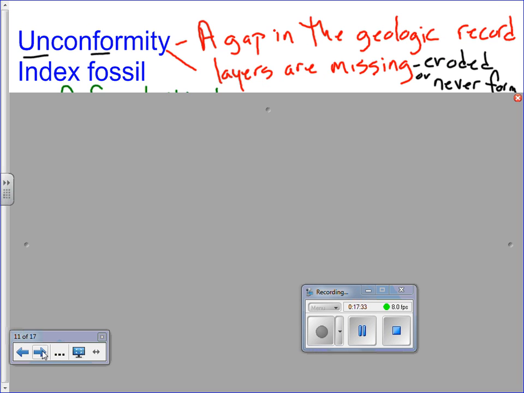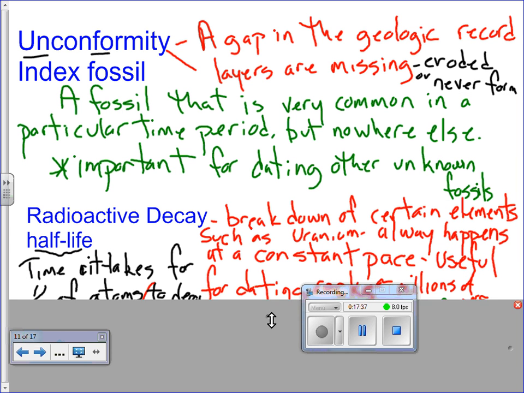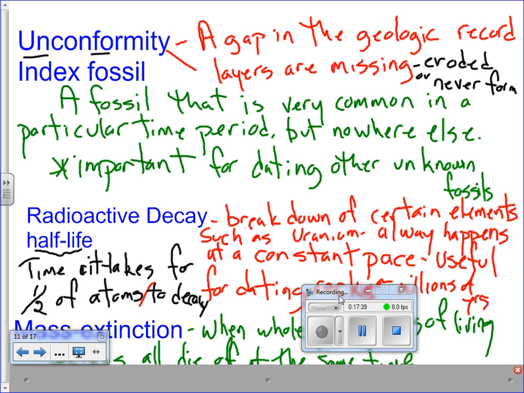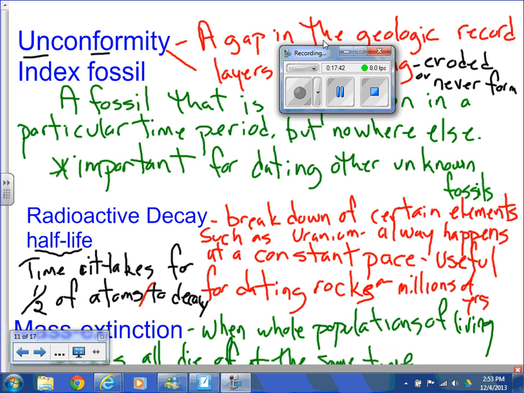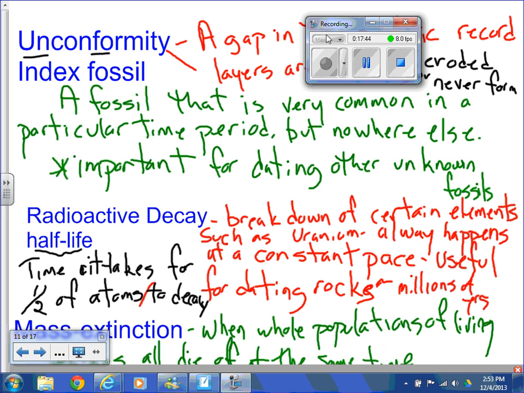And then finally, we did unconformity. An index fossil, and index fossils are very interesting because it's a fossil that's very common in a particular time period, but then you don't see it anywhere else. The trilobites are a good example. The dinosaurs, in fact, are a good example.